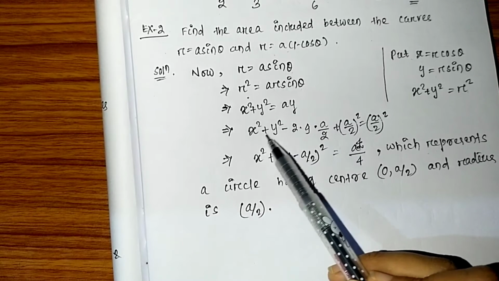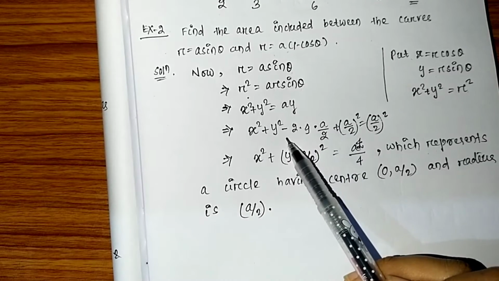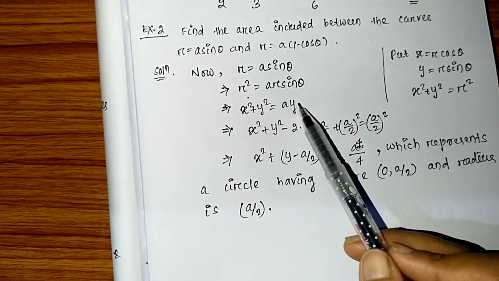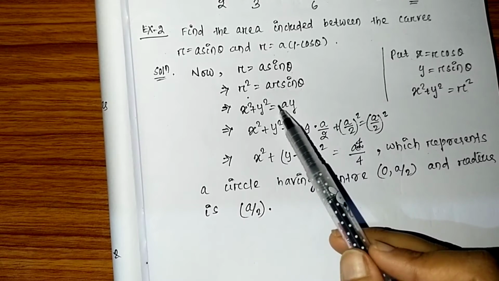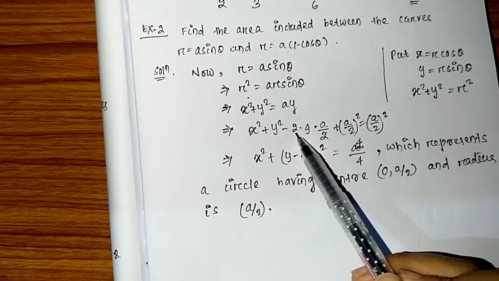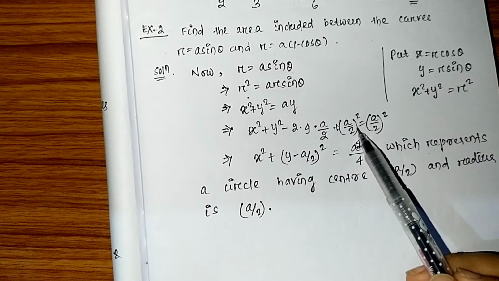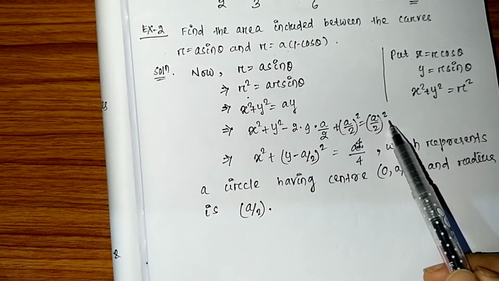Then we get x square plus y square minus 2 into y into a by 2, then the 2 cancels and we get a y. So we multiply by 2 and divide by 2. Then we add a by 2 whole square and subtract a by 2 whole square.